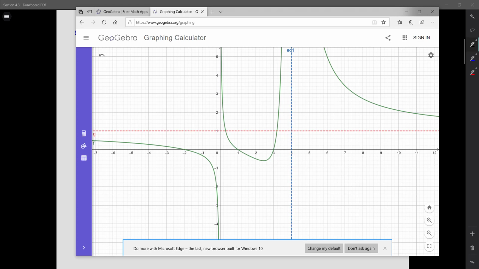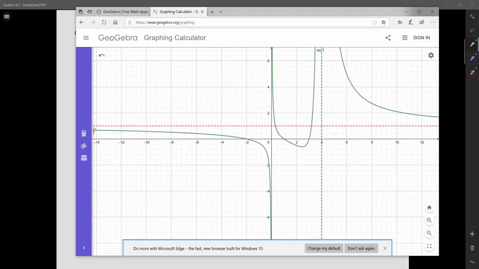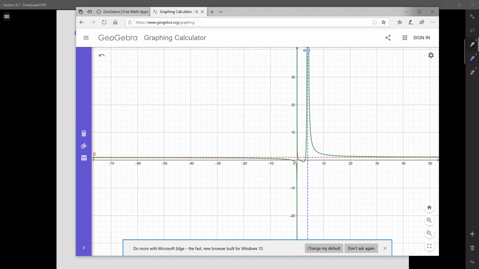But what we can see is, there aren't any other obvious looking domain problems. I can see what happens going up in this direction by trying to zoom out. There we go. But we see that it just goes up forever.